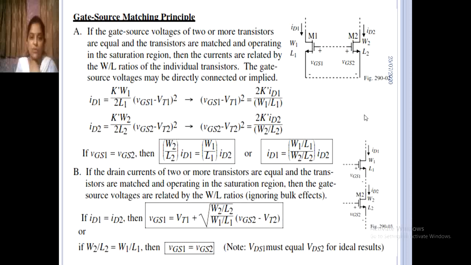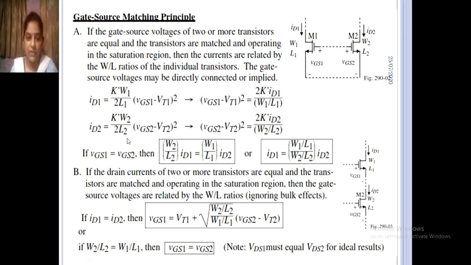How are they going to be equal? Because the transistors are matched and operating in the saturation region, the currents are related to the W by L ratio of the individual transistors.